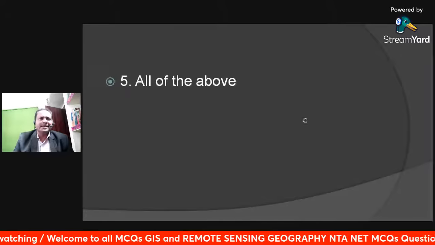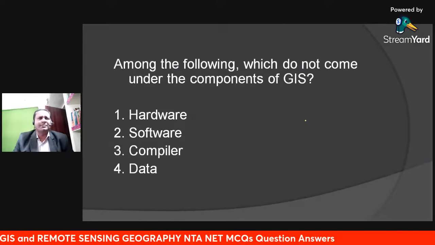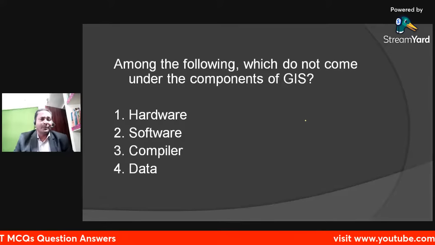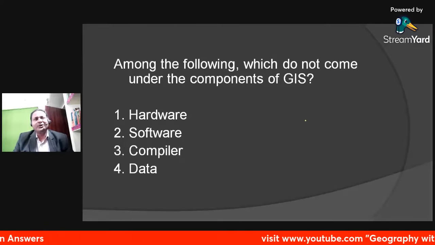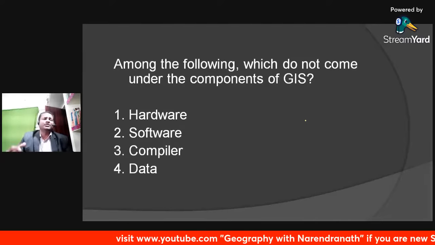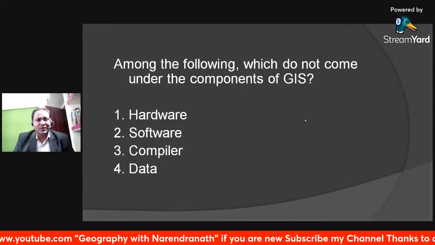And next, another question for you: among the following, which do not come under the components of GIS? It is very important: the hardware, software, computer, and data.